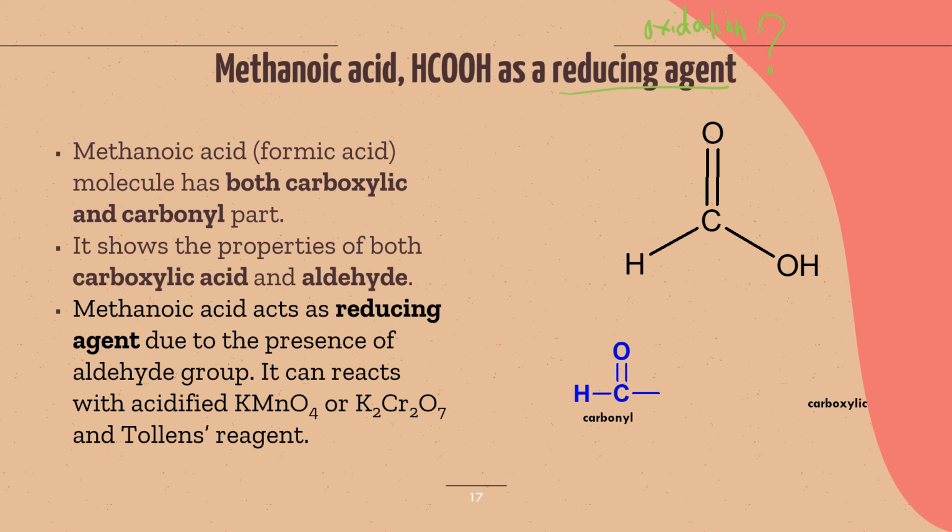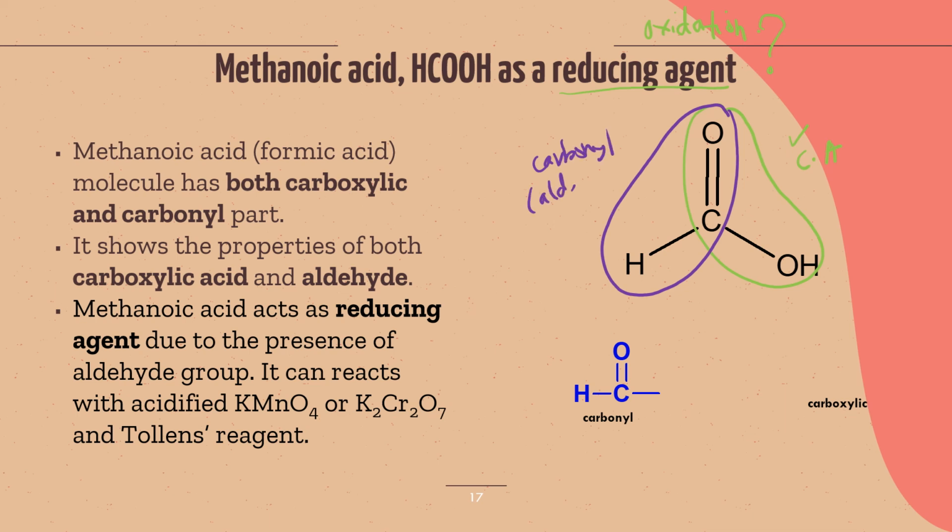Methanoic acid, so this is the structure of the methanoic acid. It has both carboxylic acid and carbonyl part. So dalam methanoic acid, dia ada both carboxylic acid dan juga carbonyl part di sini. Okay, so carbonyl is in the form of aldehyde.